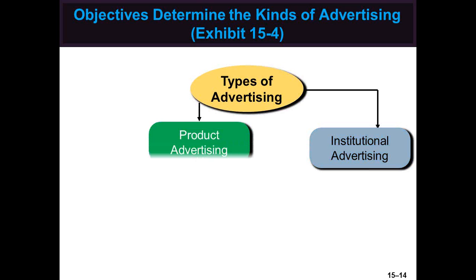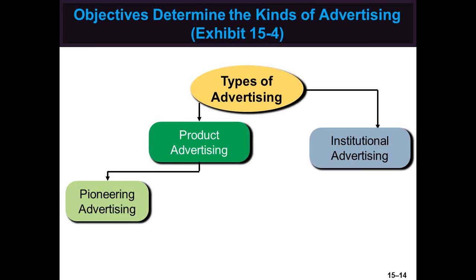It supports the overall objective of developing goodwill or improving an organization's relations with various important groups. Product advertising tries to sell a product and can be targeted to channel members or final consumers. Product ads are designed to get consumers to know, like, and remember an organization's products or services.